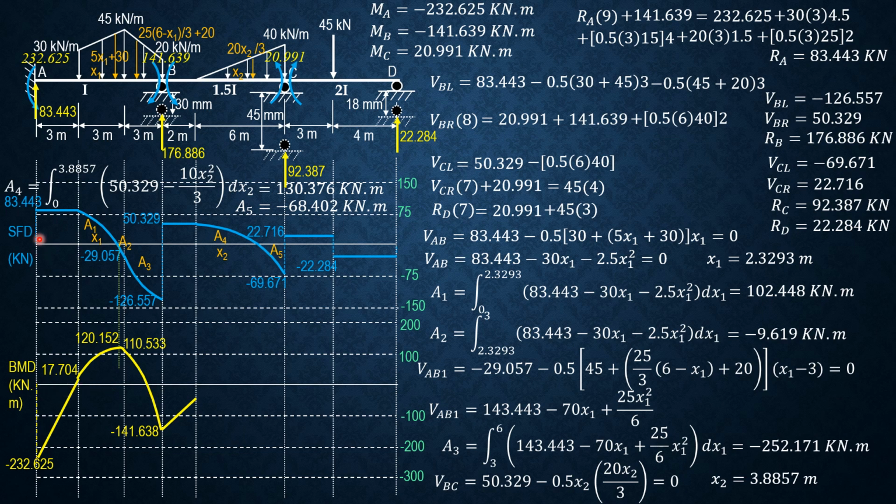So first, negative 232.625, then plus 83.443 times 3 going up, and the ordinate there is 17.704. Then we have positive 17.704 plus area 1, 102.448, so we have 120.152 positive decreasing.